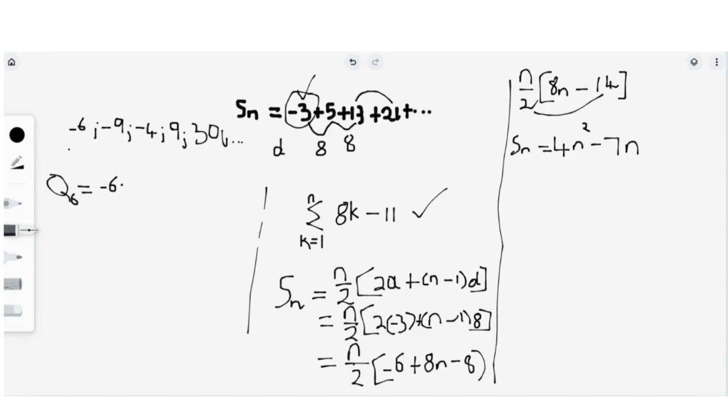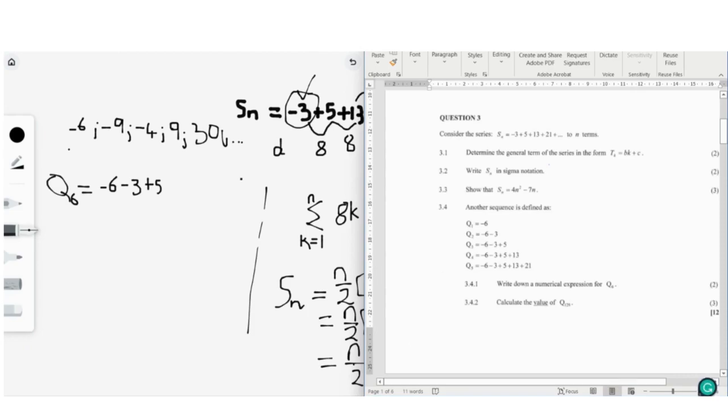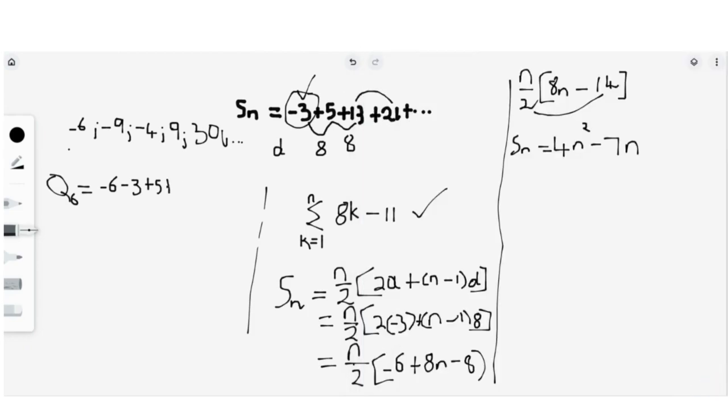So we're going to have minus 6 minus 3, plus 5, plus 13, plus 21. What's going to be the next number after 21?